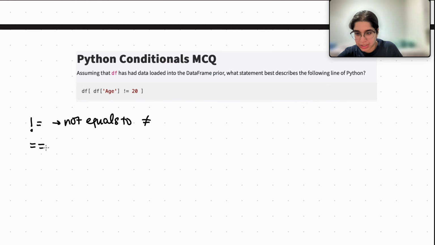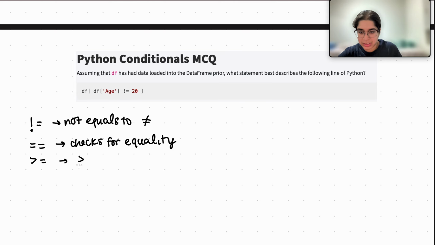And then we have the double equal sign, which is an operator that checks for equality. And then we have the greater than or equals to, which is like this operator in math. Less than or equal to, which is like that. We have greater than and less than, and those are kind of the main operators.